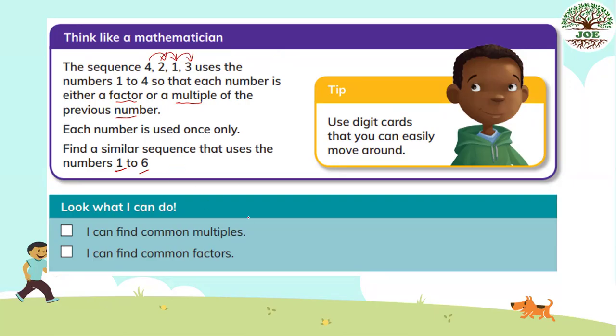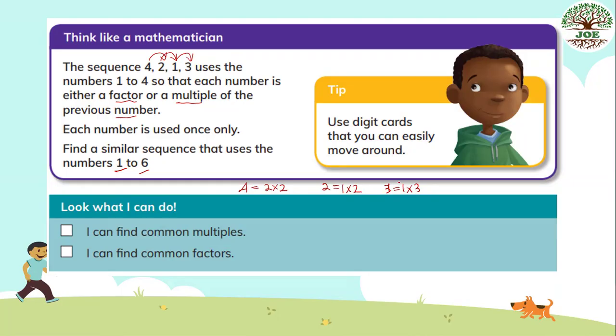Let's check. 4 is 2 times 2. 2 becomes 1, so 2 is 1 times 2 and 1 is a factor of 2. And 1 becomes 3. 3 is 1 times 3, so 3 is a multiple of 1.